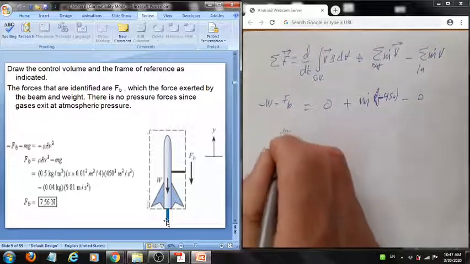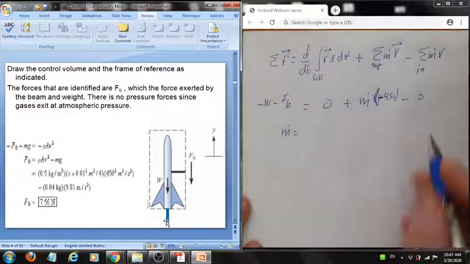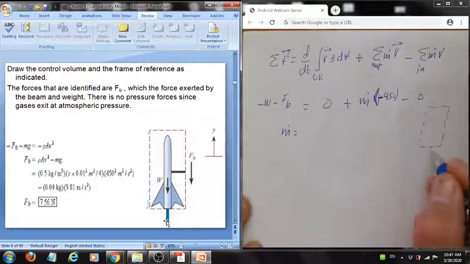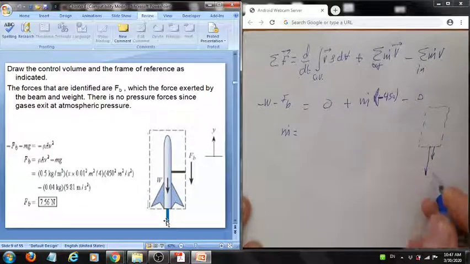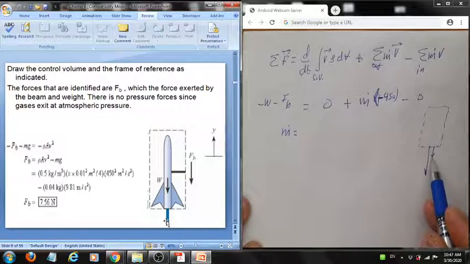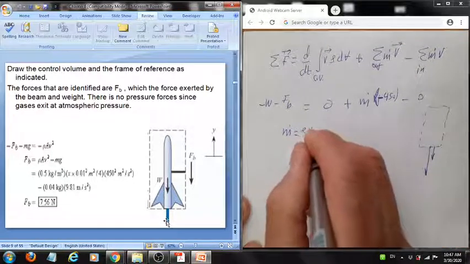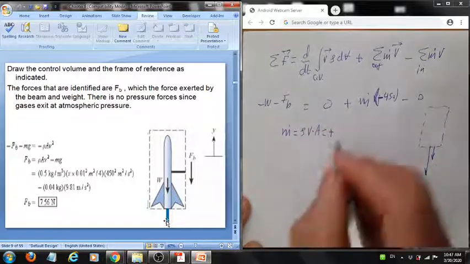And then we only need to evaluate the m dot in this case. If we have the control volume as drawn, notice that the velocity is downward, and the area's outward normal is in this direction, so the angle between them is 0. So this leaves us with rho v dot A being positive.